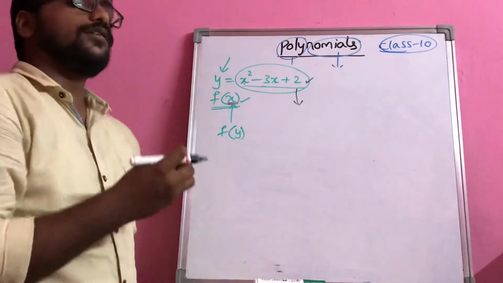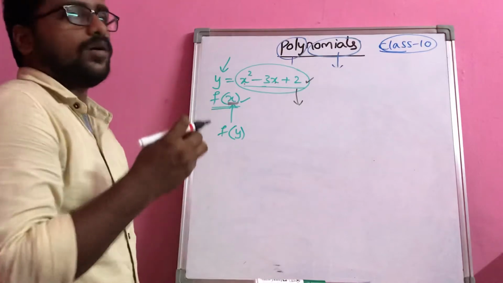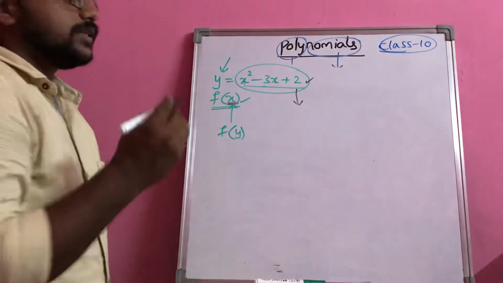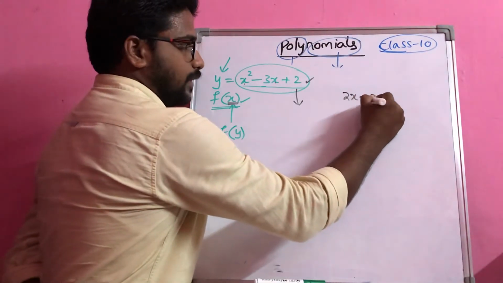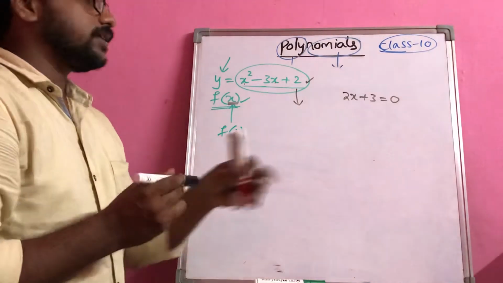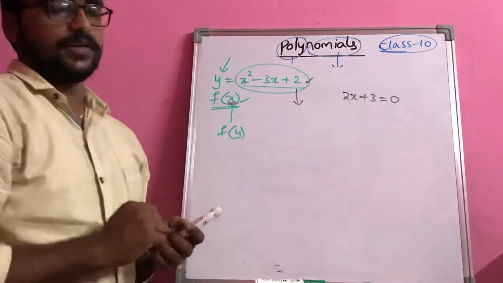So before going into detailed discussion about the solution, let me tell you what is called as a solution for this particular expression. See, for example, if I say something like 2x plus 3 is equal to 0. This is an equation, you can understand it very clearly. Why? Because we are equating this to some constant here.